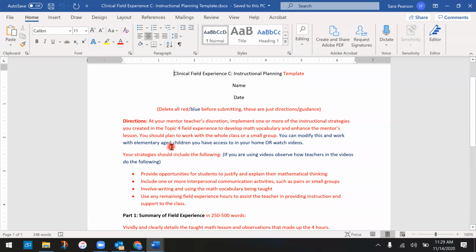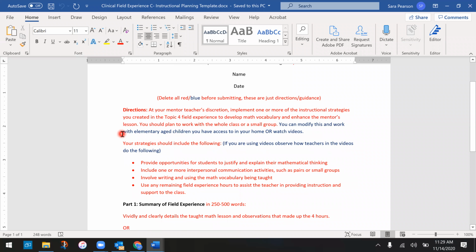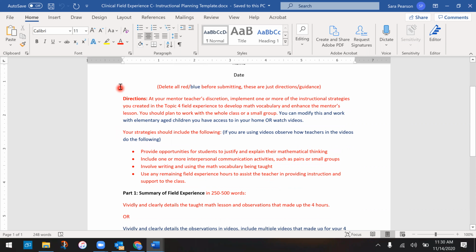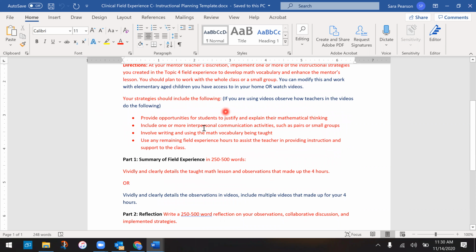So if you want to try out the strategies, but you don't have a school placement, you could use your own children, your nephews or your nieces or your grandchildren, and you can start by teaching them a math lesson, and you're looking for those opportunities to have them use vocabulary, justifying their thinking, and some of those things that are in the assignment. So when you're planning for the lesson, make sure that you're giving those opportunities to justify and explain their mathematical thinking using those interpersonal communication activities and the math vocabulary.